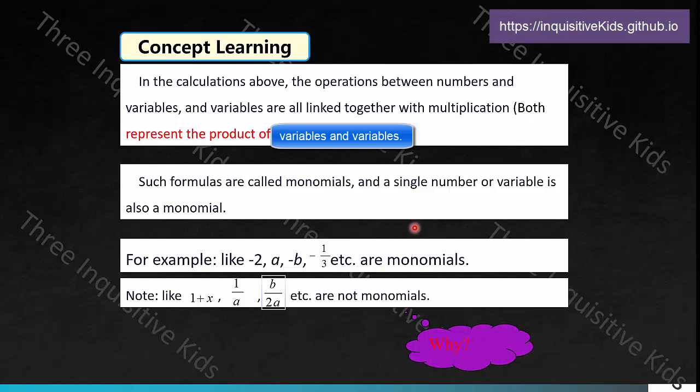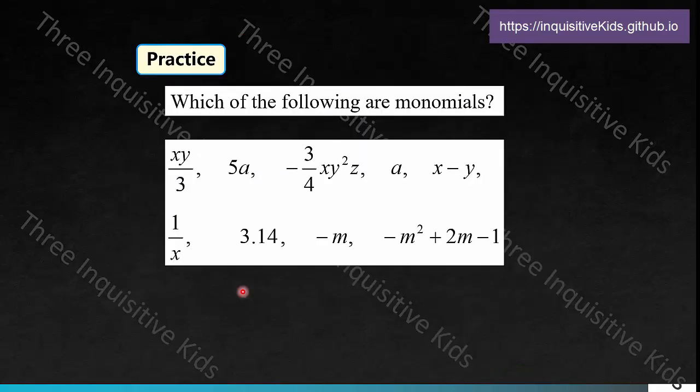So take a moment to think about that. Why are these examples not monomials? I'm first going to leave you with that, and I want you to keep wondering, and we're going to uncover that later on in this lesson.